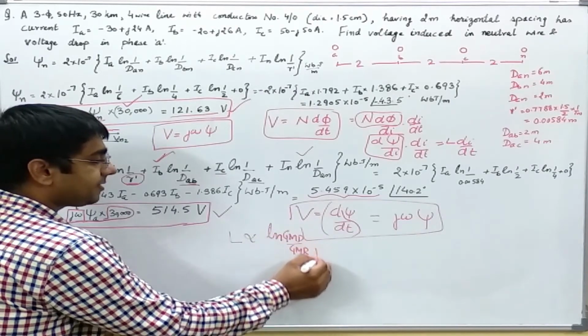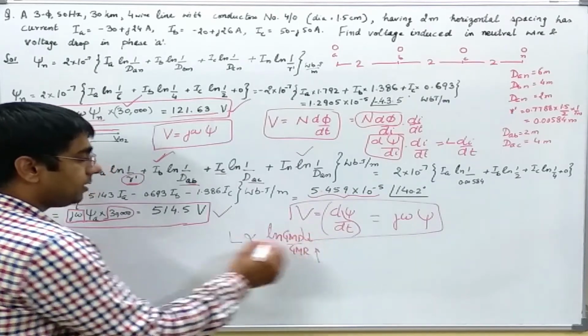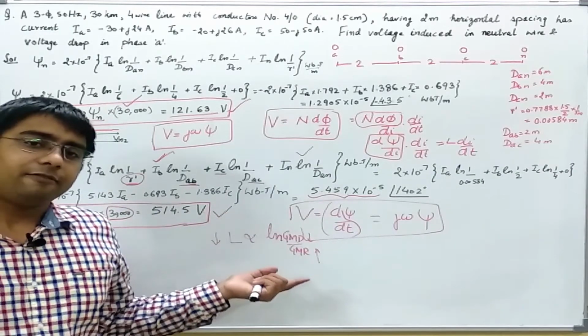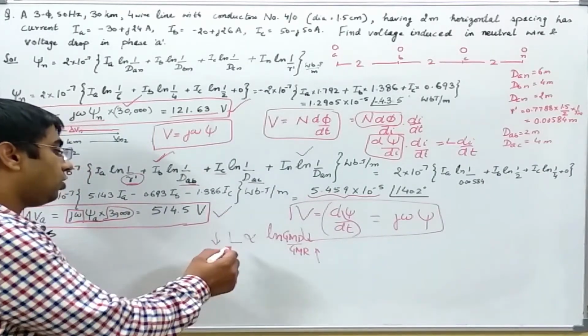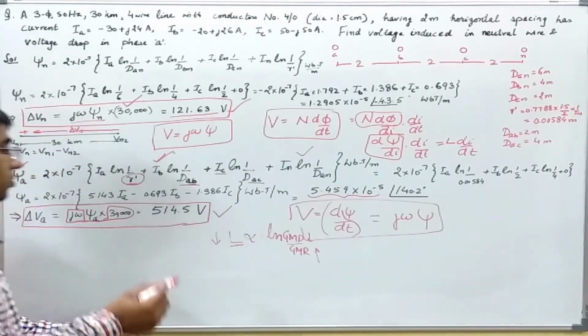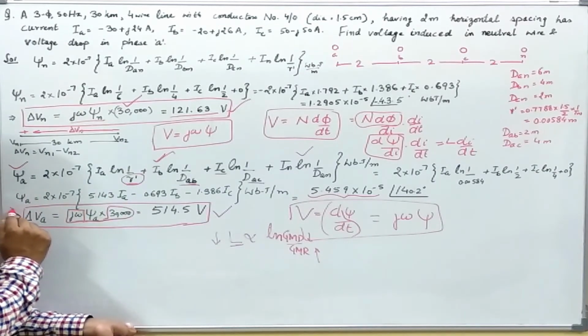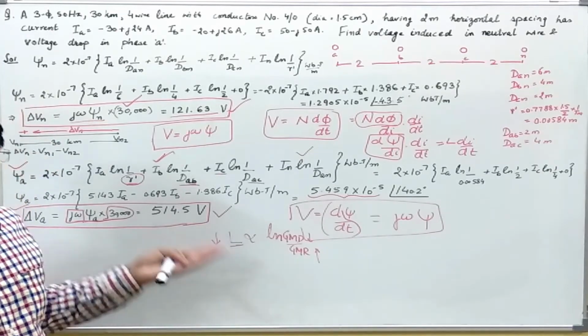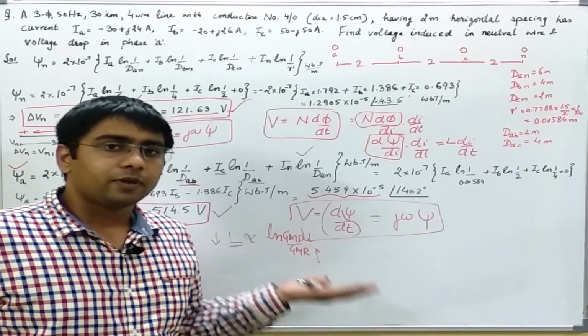If I increase this or reduce this, the inductance will reduce. So any method which helps us to achieve a lower inductance will help us to reduce this voltage drop along the length of the line. So that's all for this chapter.